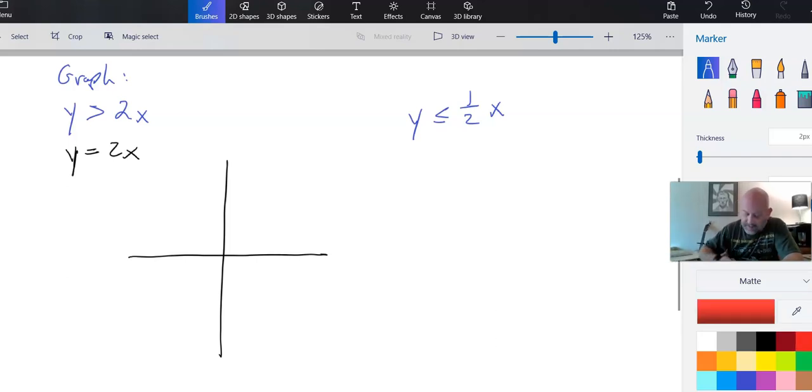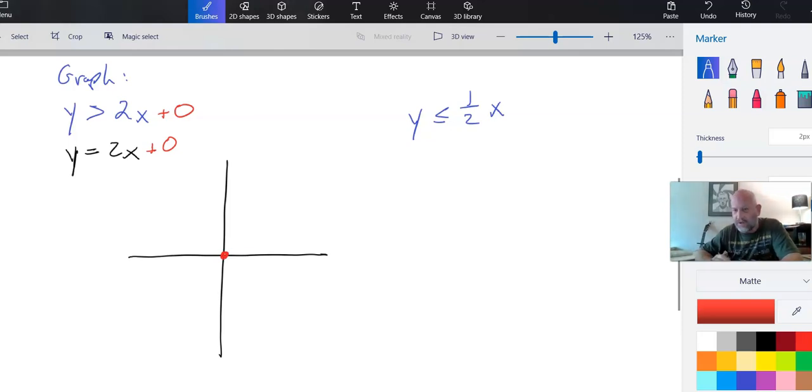One of the things that isn't written, just because it's extra, is there's always a plus 0 at the end of these things. If I don't see a number hanging out at the end, then the y-intercept is 0. So my first point is here at 0, 0.